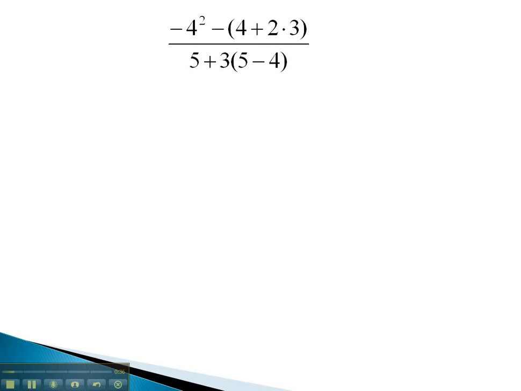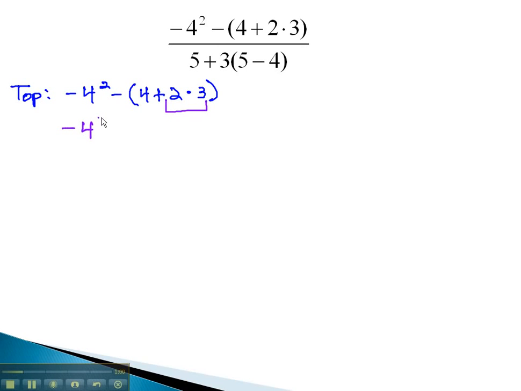In this expression, while it might look quite complex, we'll start by focusing just on the top. Negative 4 squared minus (4 plus 2 times 3). As we know, the order of operations has us do parentheses first and the multiplication before the addition.